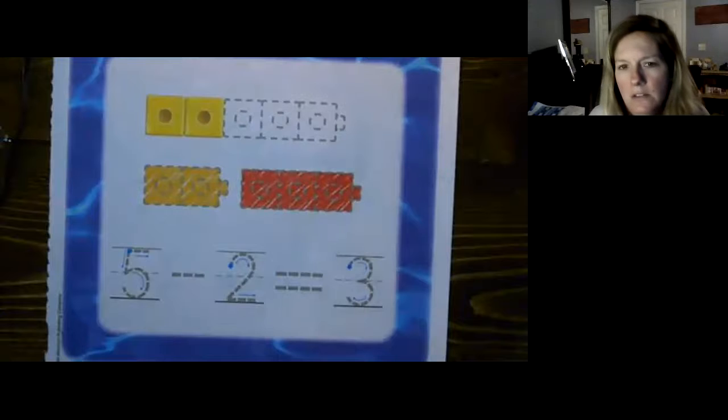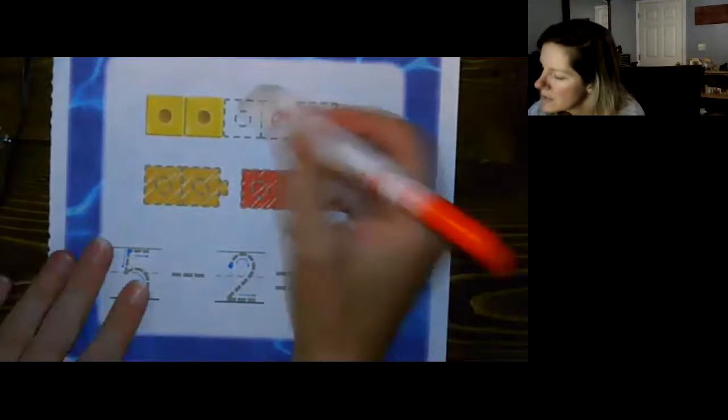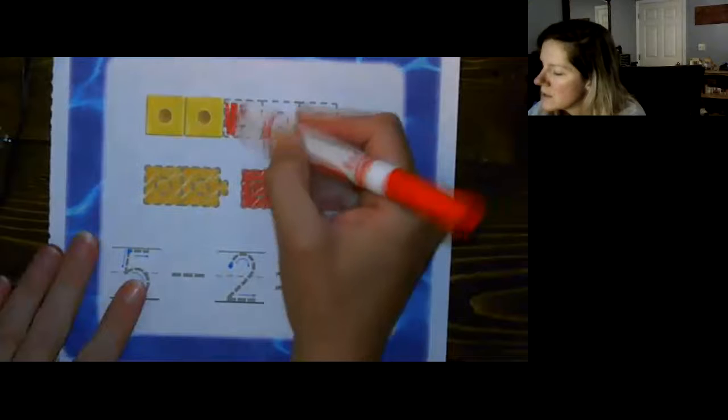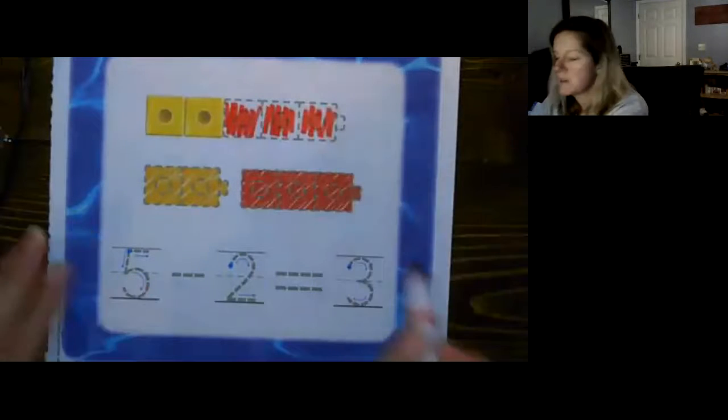Let's just color them so it's easier for us to see them being taken apart, okay? So we're going to color the page to match the colors that they gave us. So we're going to color these cubes here, same color that they've got.